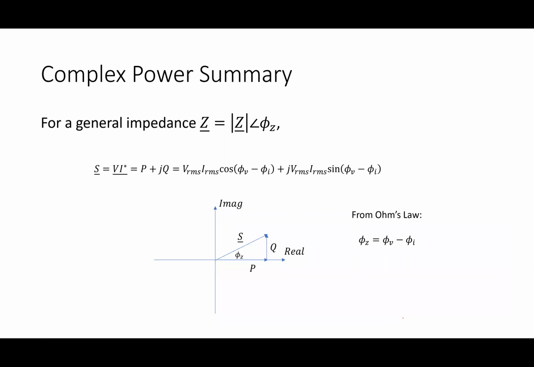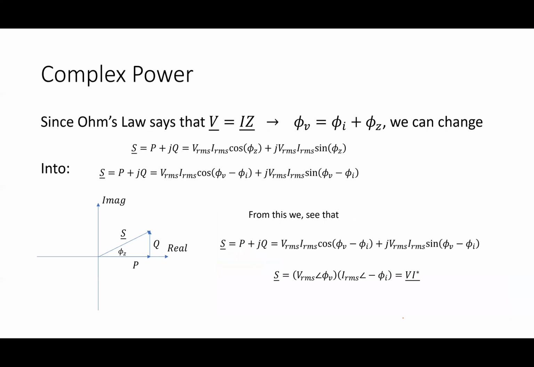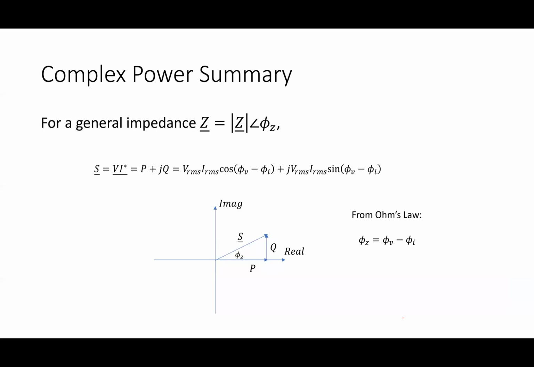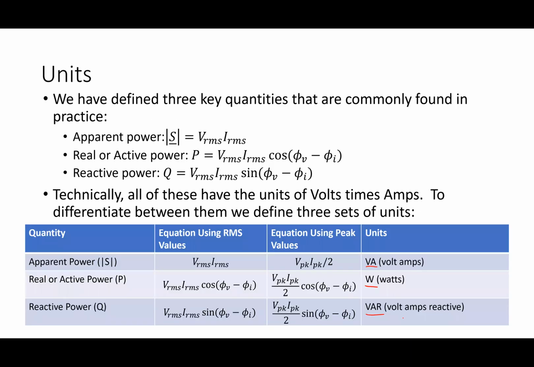The name of that vector specifically is complex power, and the magnitude of that guy is the apparent power. Questions about that?